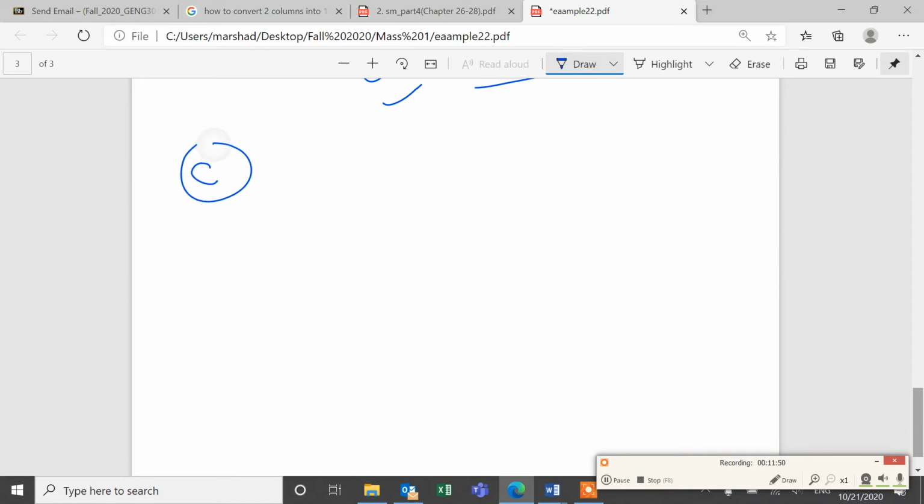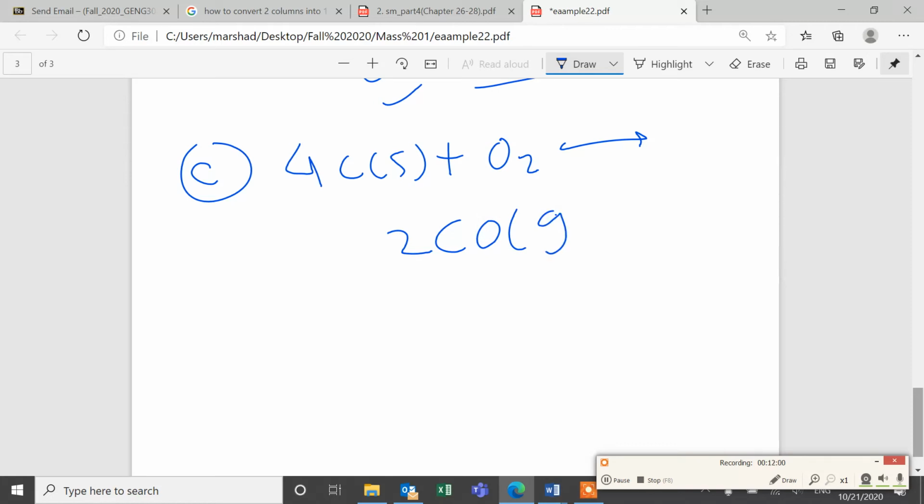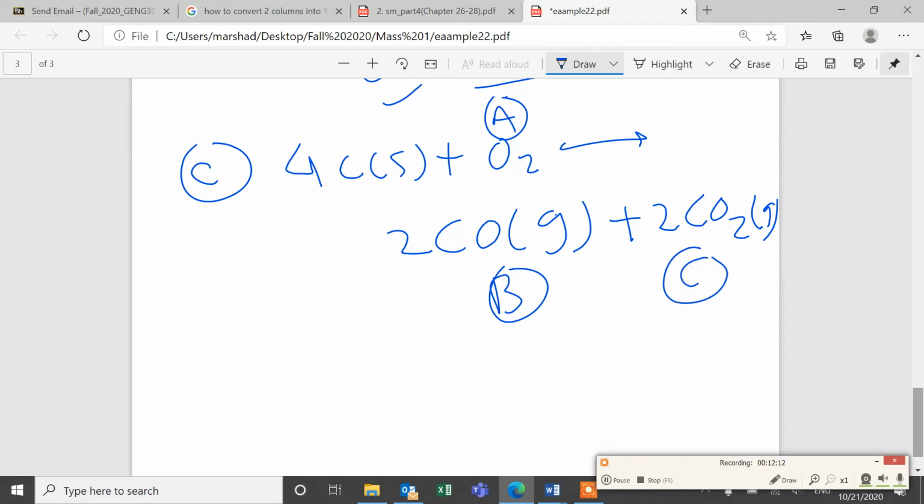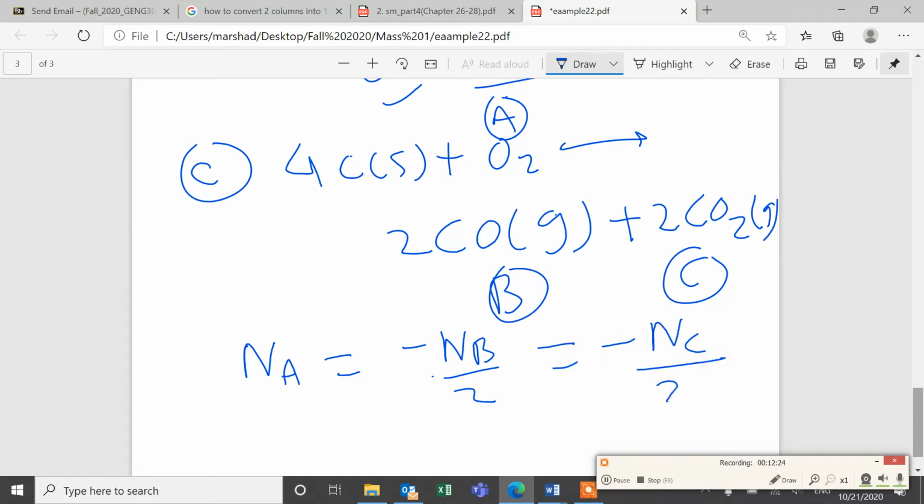Part C is 4C solid plus O2 gives you 2CO gas plus 2CO2. So again I will write the flux. This is A, this is B, this is C. NA divided by 1 equals minus NB divided by 2 equals minus NC divided by 2.